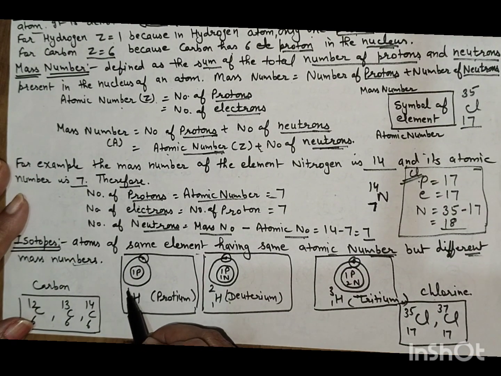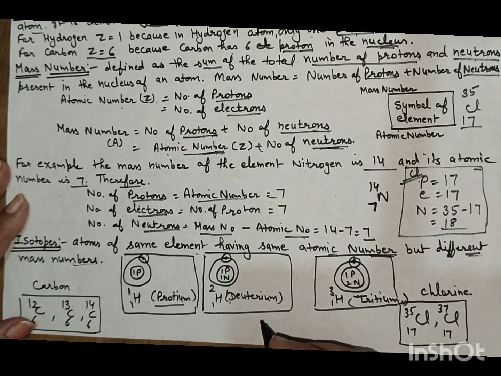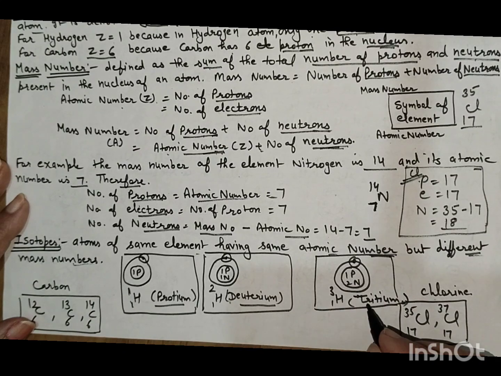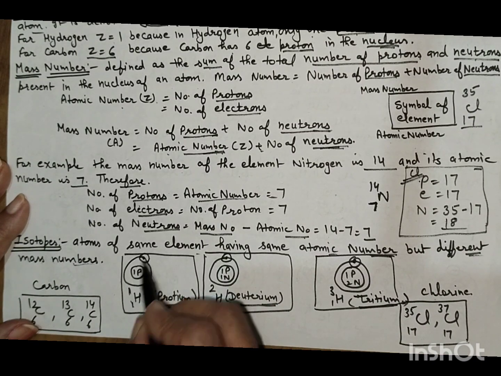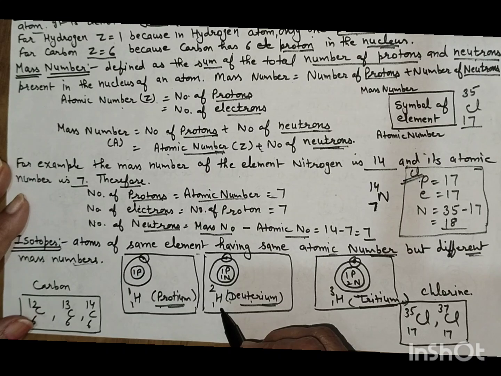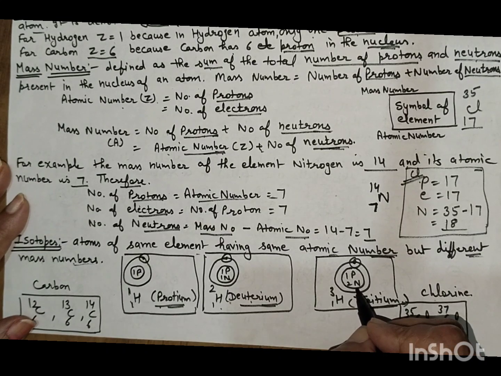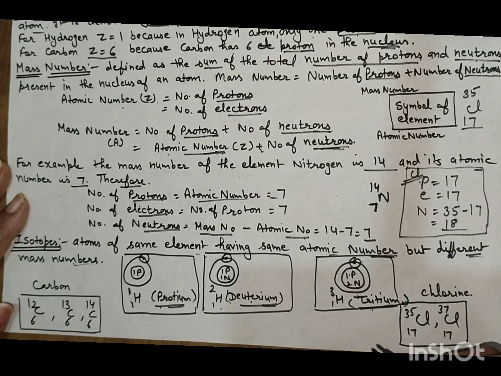If there is one proton and one electron, then it is called protium. The second isotope is deuterium and the third is tritium. In protium, only one proton and one electron are present. In deuterium, one proton and one neutron are present and the electron is 1. And in tritium, two neutrons, one proton and one electron are present.